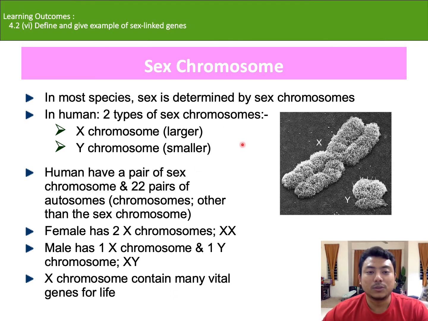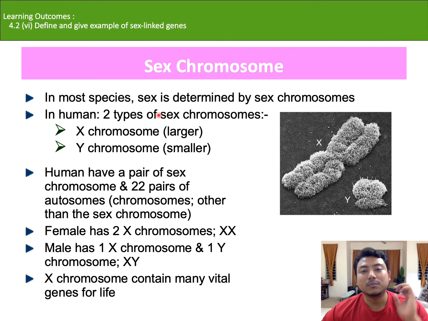Next, we move on to the sex chromosome. Okay, the deviations from Mendelian inheritance. In most species, sex is determined by sex chromosomes, i.e., sex means gender. In humans, two types of sex chromosomes exist: X chromosome and Y chromosome. X chromosome is larger in size, whereas Y chromosome is much smaller. So of course, when you come in a small package, you lack some of the genes that are present on the X chromosome.